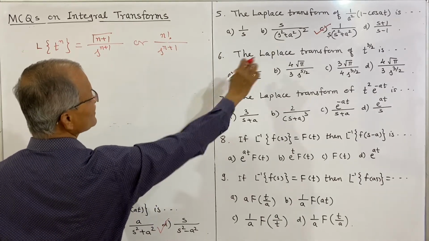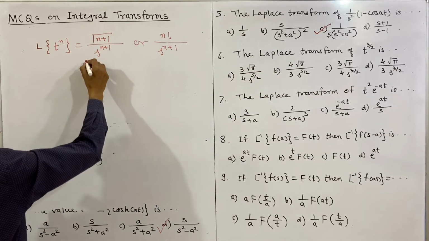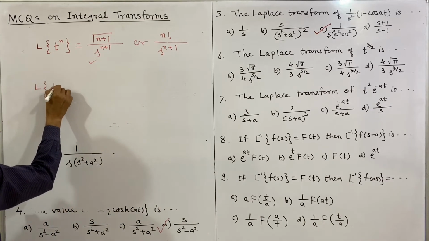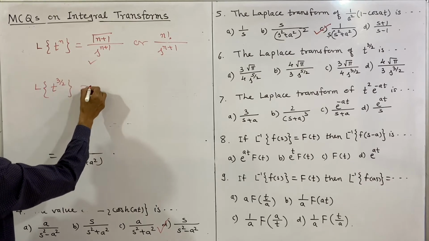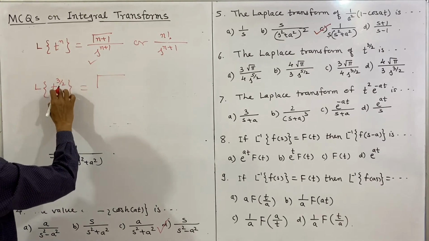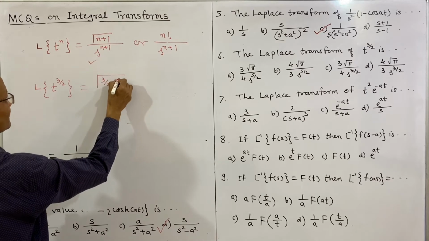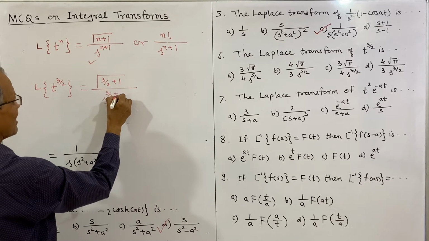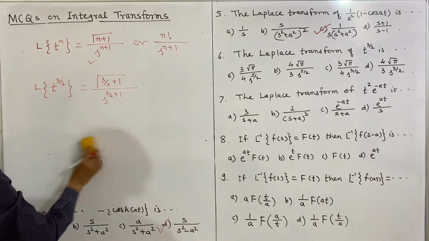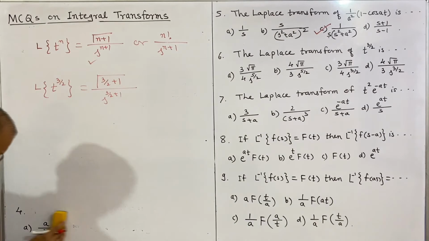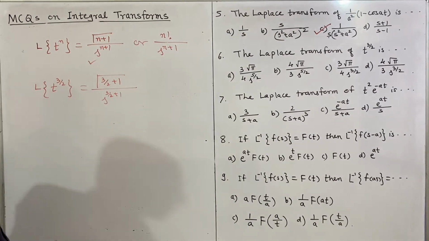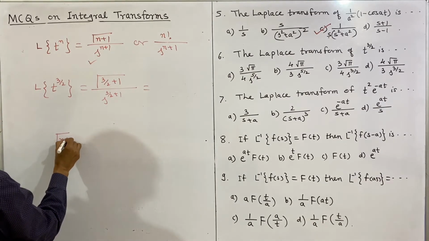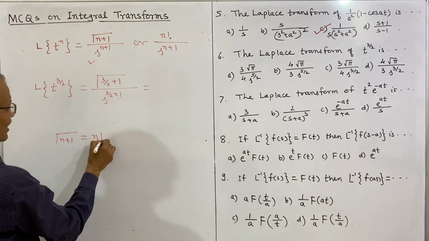So here for this t power 3 by 2 we have to use the first formula, and that is L of t power 3 by 2 will be equal to gamma of 3 by 2 plus 1 divided by s to the power 3 by 2 plus 1. We can reduce this using the reduction of gamma function, gamma of n plus 1 is equal to n into gamma of n.